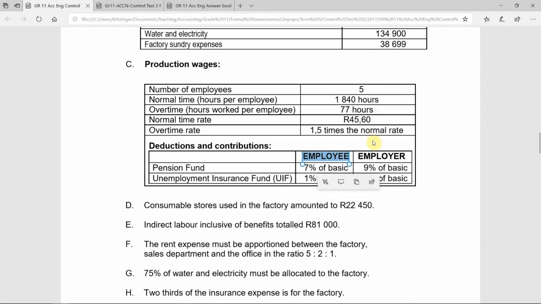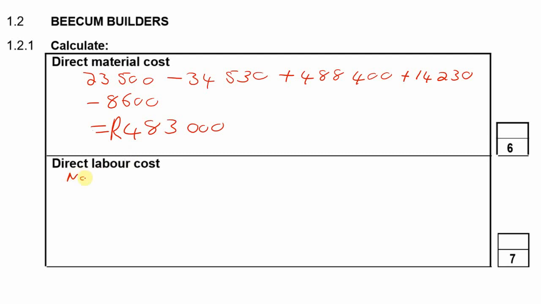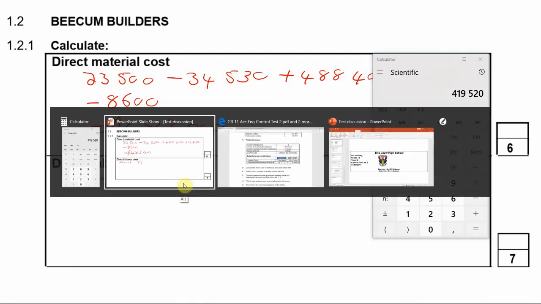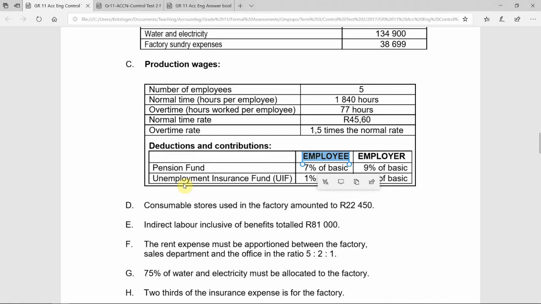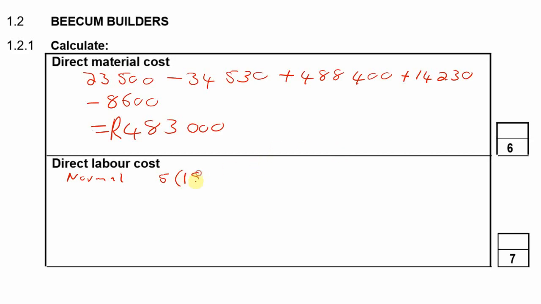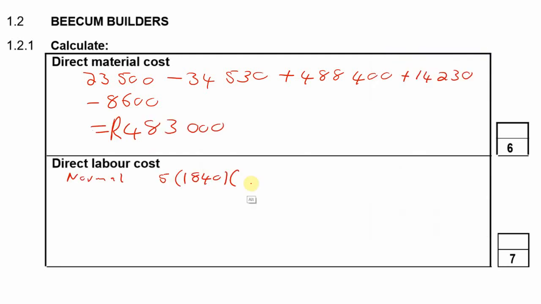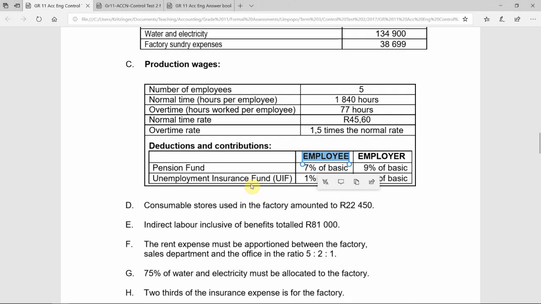Okay, so we can show our calculation. So it was 5 times 1,840 times 45,60. So we have normal hours, which is 5 times 1,840 times our rate, which is 45 Rand 60.